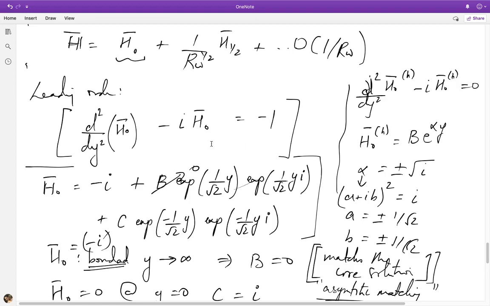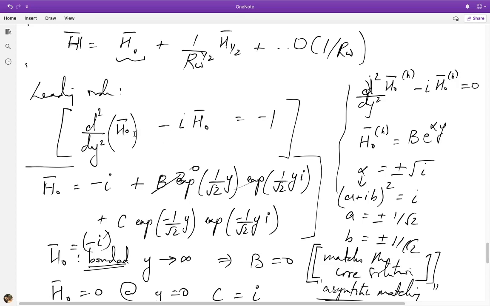One way to see this is that this whole boundary layer exercise will allow us to predict how an overall macroscopic observable depends on the parameters of the problem without even solving any numerics. So for example, imagine you wanted to calculate the shear stress exerted by the flow on the wall in the case where the frequency is large. One way to do this, of course, is to solve the problem.